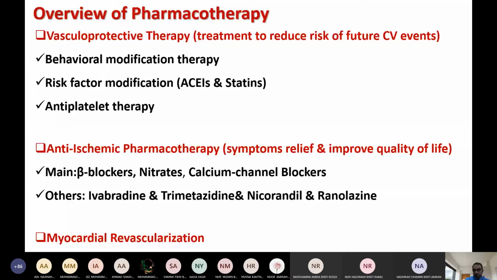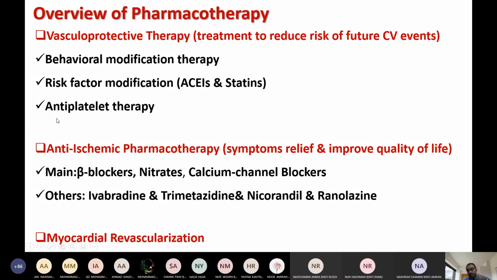Risk factor modification, like managing dyslipidemia, hypertension, and diabetes properly, all contribute to decreasing the patient's risk of future cardiovascular events. Of course, we also have the antiplatelet therapy.